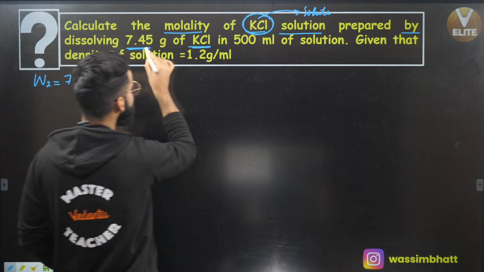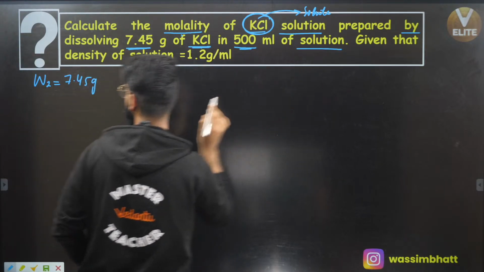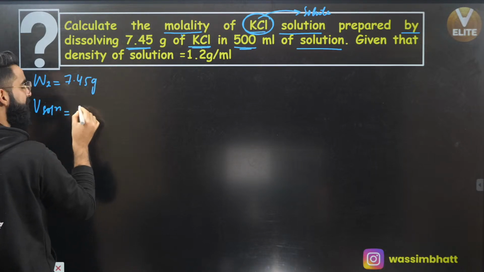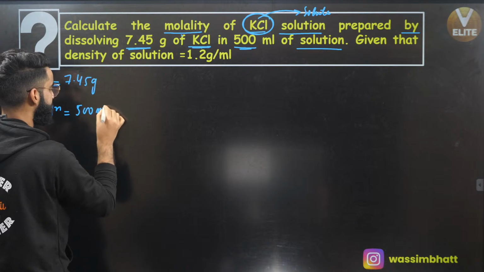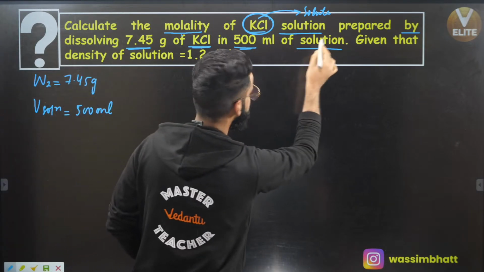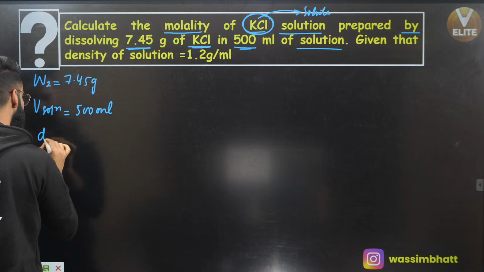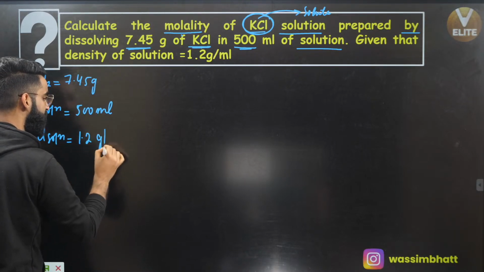On dissolving 7.45 grams of KCl in 500 ml of solution. So I got to know one more thing. Volume of solution is given to me as 500 ml, correct? Given that the density of the solution is 1.2 grams per ml, I'm given the density of solution as well.